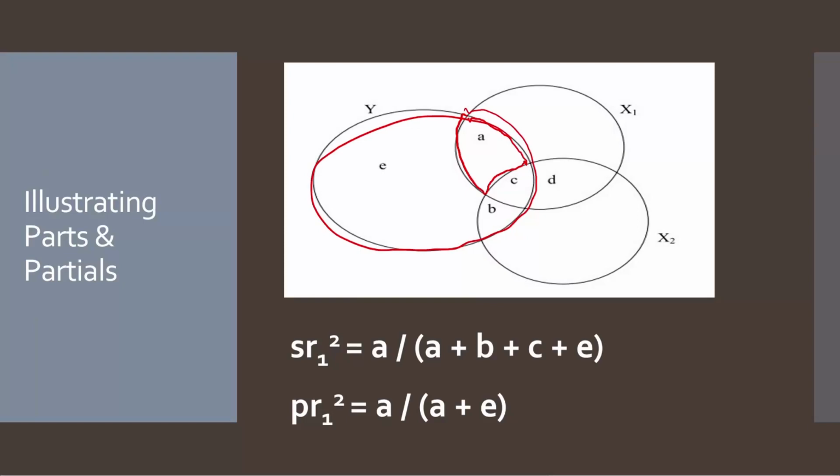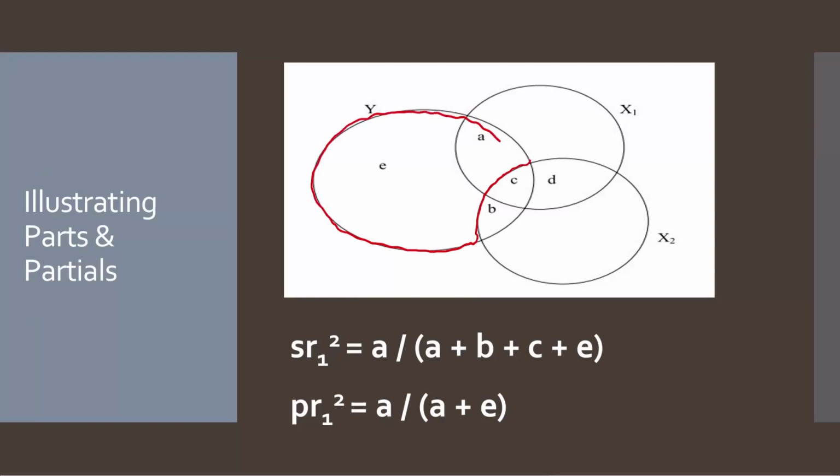That's what made it a semi-partial, because in a partial, you're going to remove x2 from both x1 and y.